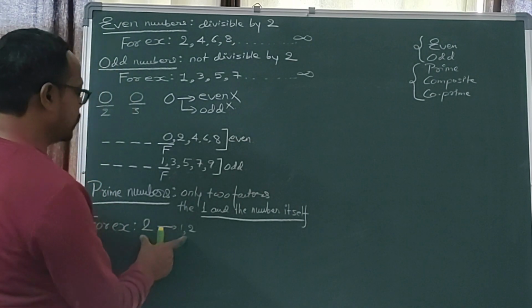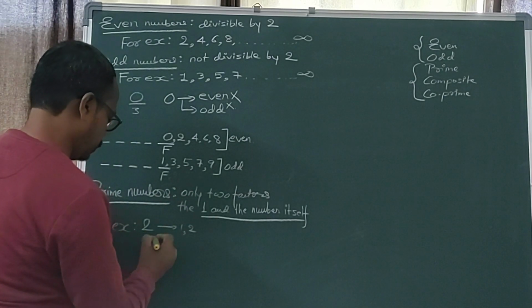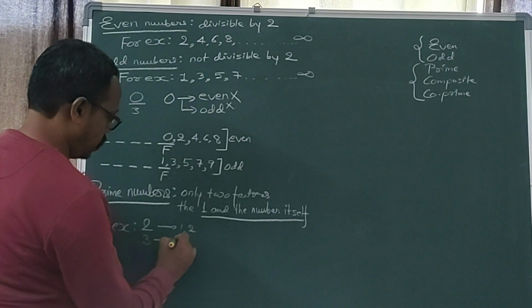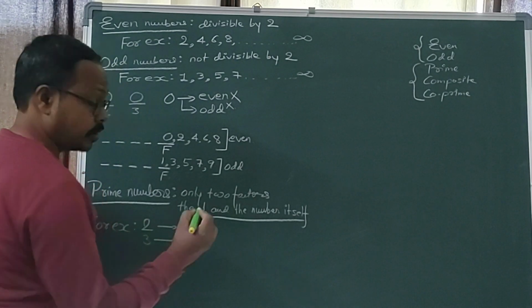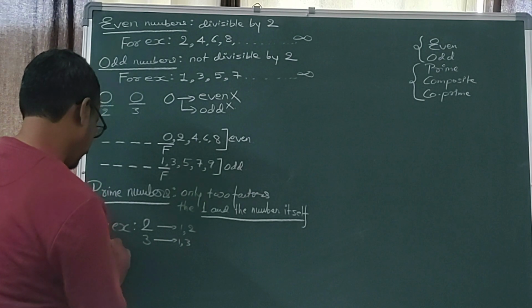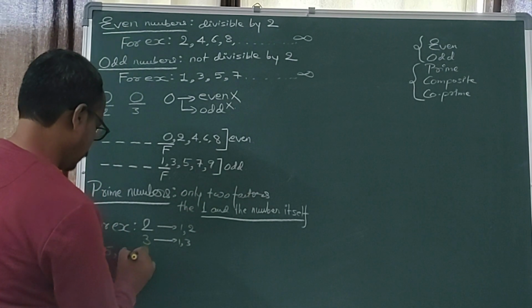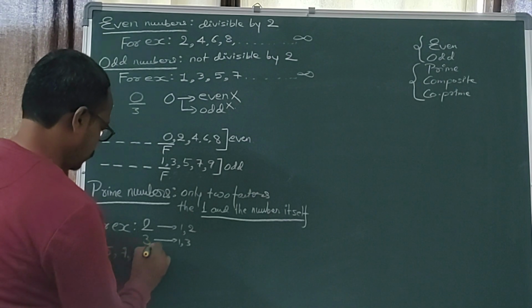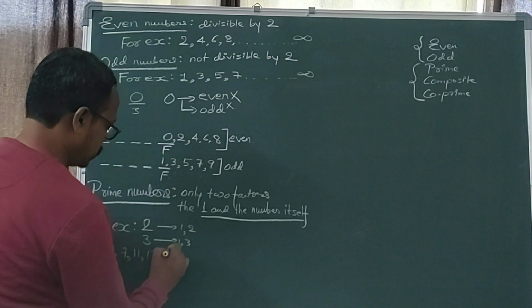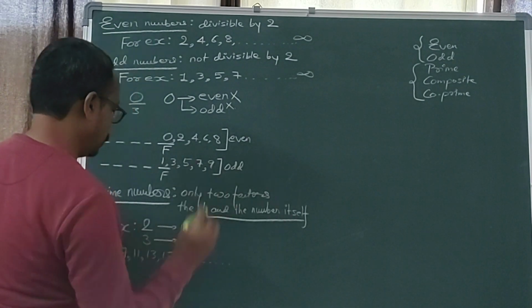It fulfills the definition of a prime number. What is the next prime number? 3, because 3 has the factors 1 and 3 itself. That's all. What is the next prime number? You will come across 5, 7, 11, 13, 17, 19, and so on and so forth.